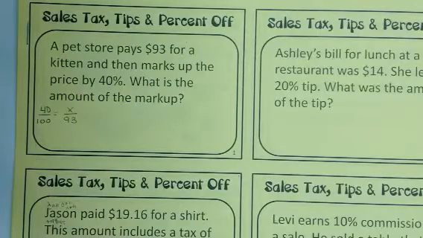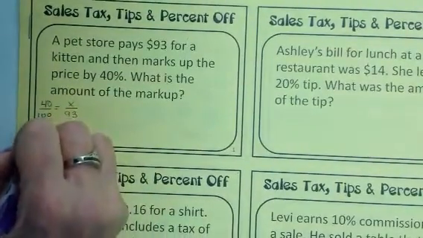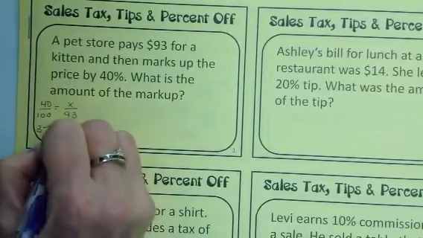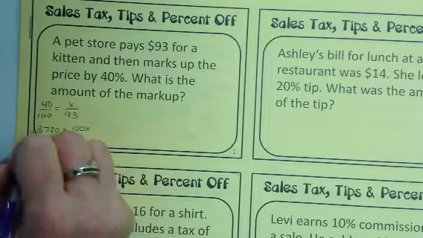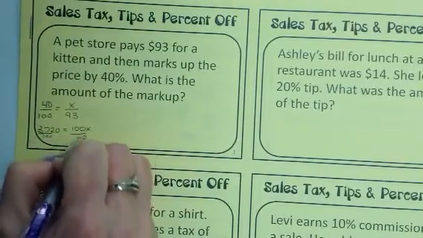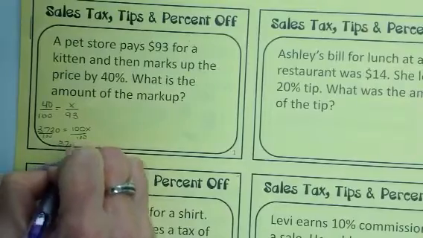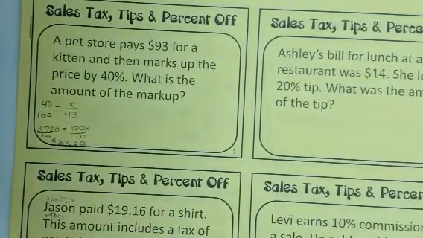So if I cross multiplied, I would have 93 times 40, which would be 3720, which equals 100x. And then I divide both sides by 100. And I would get 37.20 as my markup.